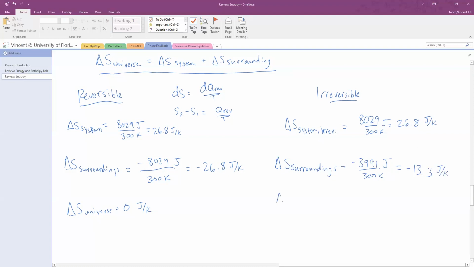And when you add those together, I've got delta S of the universe that is non-zero. It is equal to 13.5 joules per kilogram, which is comforting because remember, we should never get a change in entropy of the universe that is negative. That is theoretically impossible. The universe has to be gaining entropy all the time.